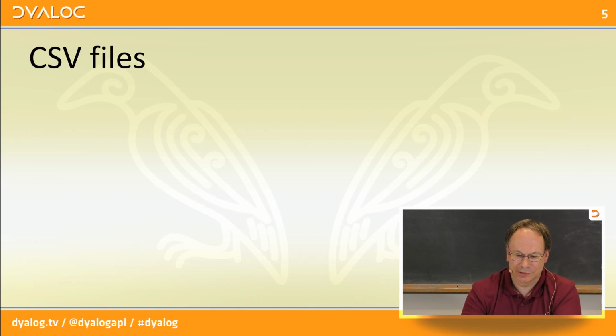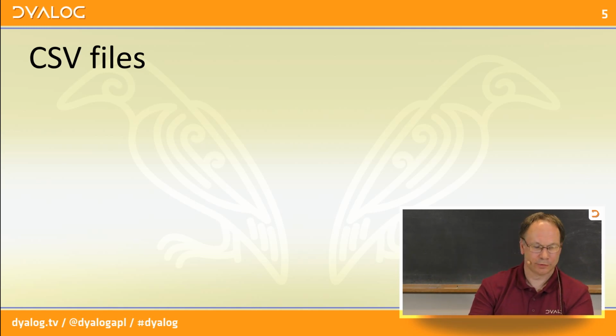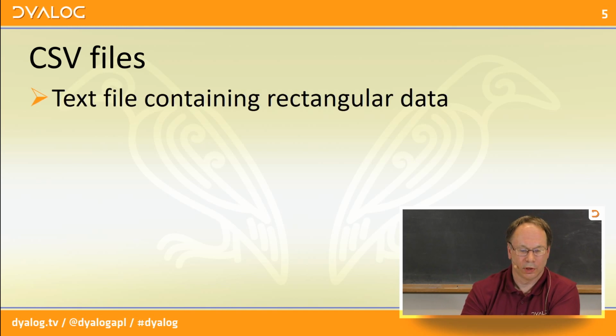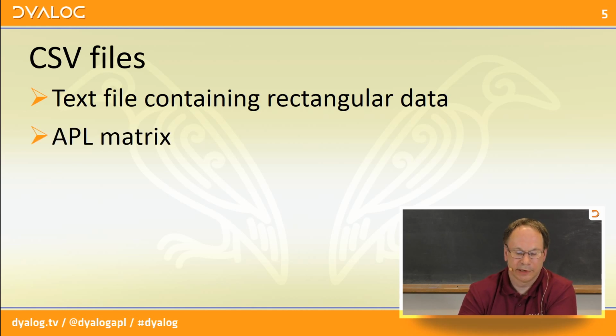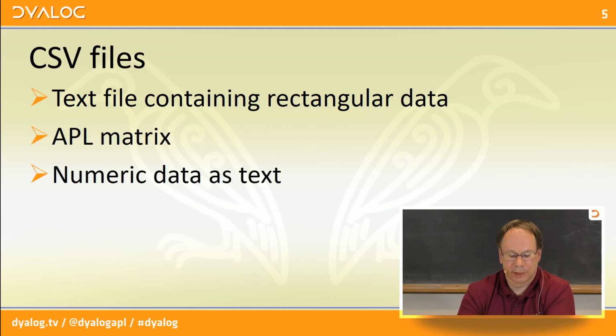So, something new. Quad CSV files. We're saying CSV because there is huge debate about what C stands for, but it's either character or comma according to your personal taste. They are text files containing rectangular data, in other words, APL matrices. They are text, but some of the fields tend to be numeric.